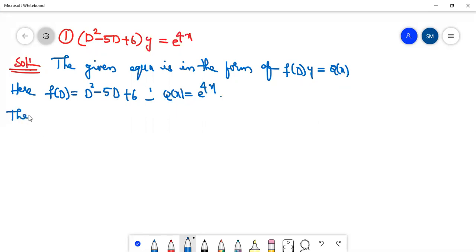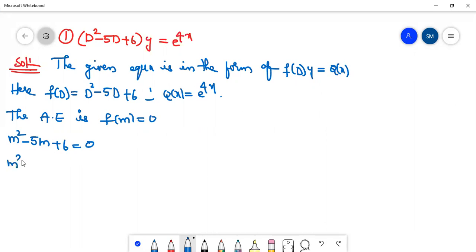First, we find the complementary function. For that, we take the auxiliary equation. The auxiliary equation is f of m equal to 0. Then d is replaced with m: m square minus 5m plus 6 equal to 0. The factors of 6 are 3 and 2, and 3 plus 2 is 5.